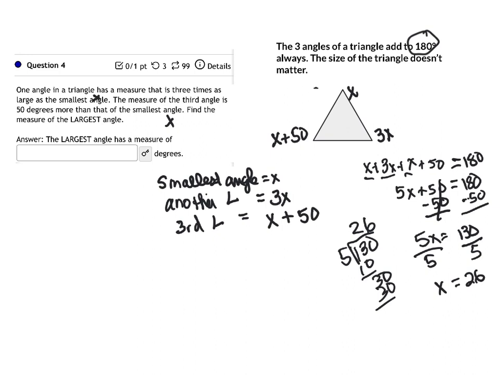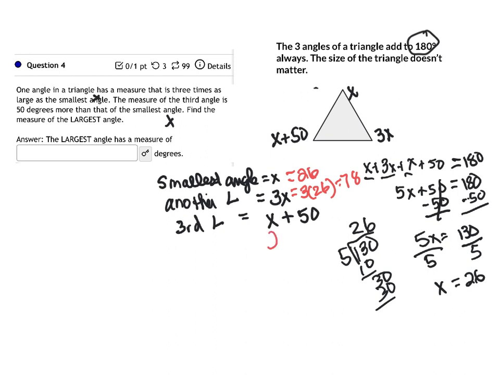Now, 26 is not our answer because that's the smallest angle. See up here where we have smallest angle equals x? So that's 26. They want the largest angle, so we have to figure out what each of these would be. This is 26 times 3. So that would give us, let's see, 3 times 6 is 18, 3 times 2 is 6, 78.